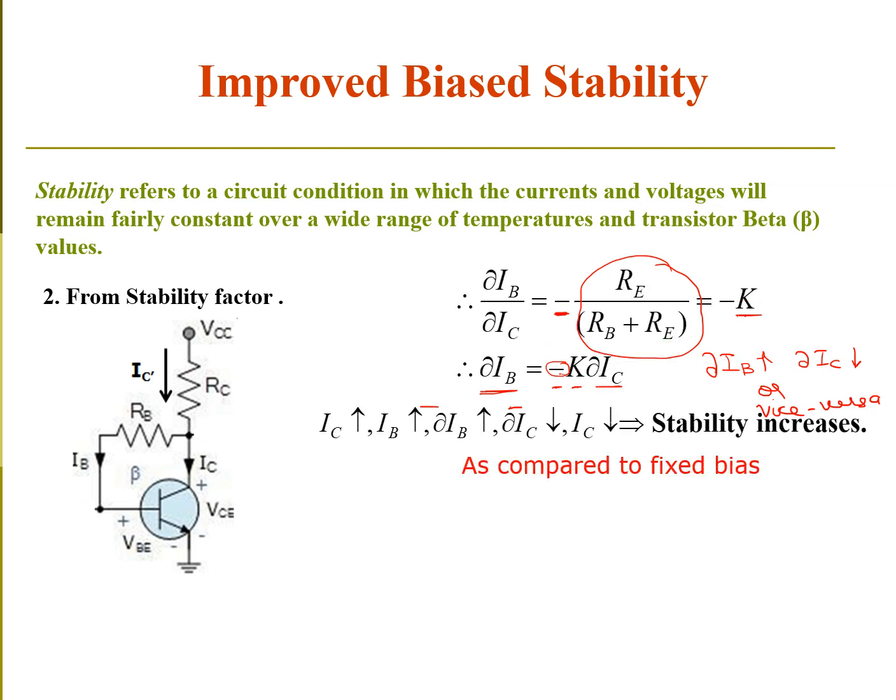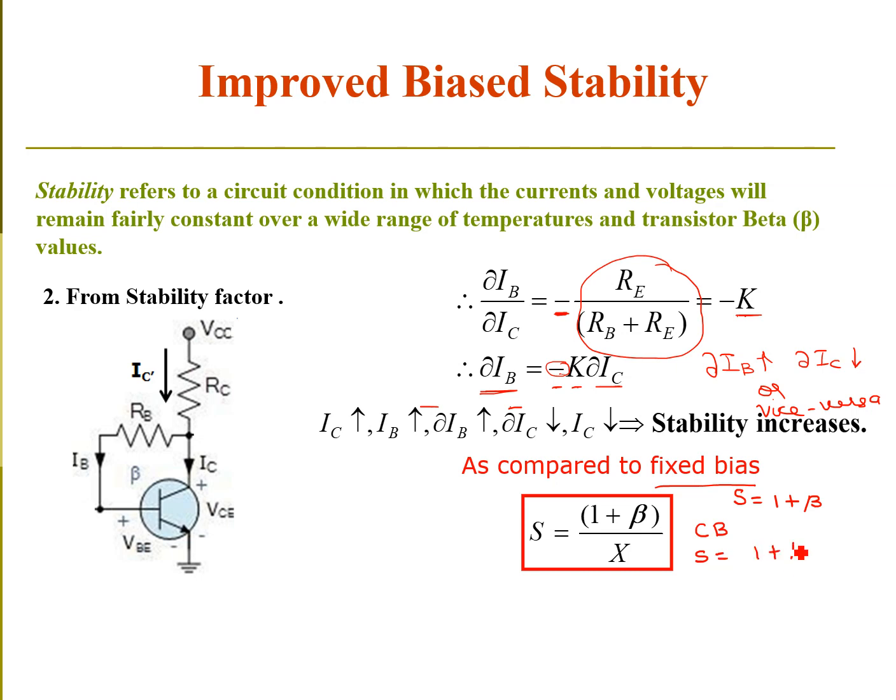Now we'll be comparing it with the fixed bias circuit. For the fixed bias circuit, the stability was equal to 1 plus beta. But for the collector to base bias, the stability is (1 plus beta) upon (1 plus beta RC upon RC plus RB).